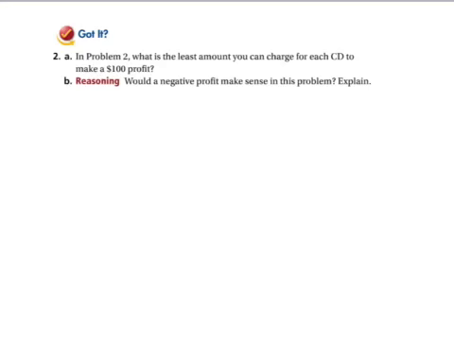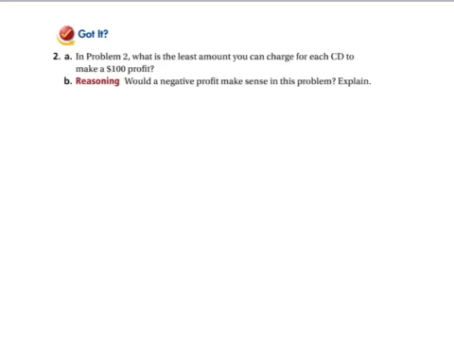So they're asking us in the got it question, how would that change? What would the least amount be if you wanted to make a profit of $100? Now, there's not going to be a whole lot of difference here. What's going to change about that problem? P, exactly. Now our profit needs to be 100.